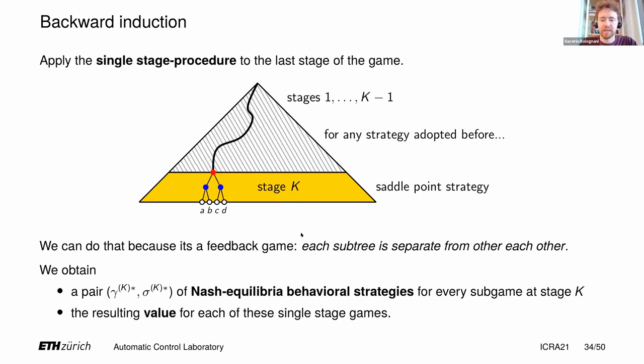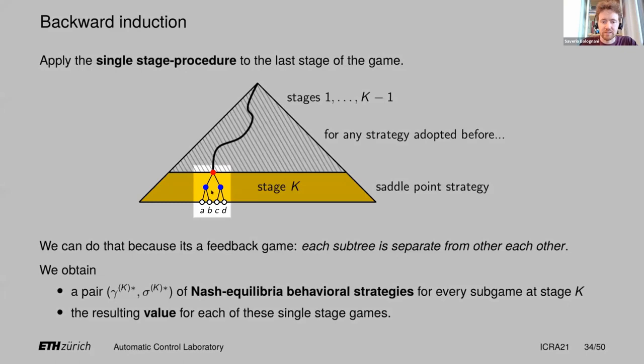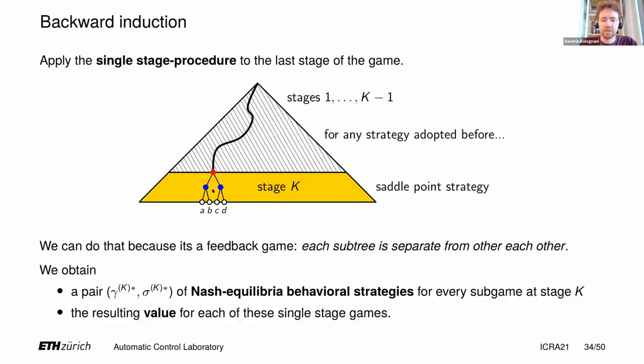Because it's a feedback game, I can take the last stage, stage K, and look at all the little subtrees that constitute stage K. Now, I'm not drawing information sets in here, but because it's a feedback game, you know that each of these subtrees will have its own information structure, but will be separate from other subtrees. So these are a large number of small one-stage games at the last stage. And so you can solve them with the methods that we have seen before.